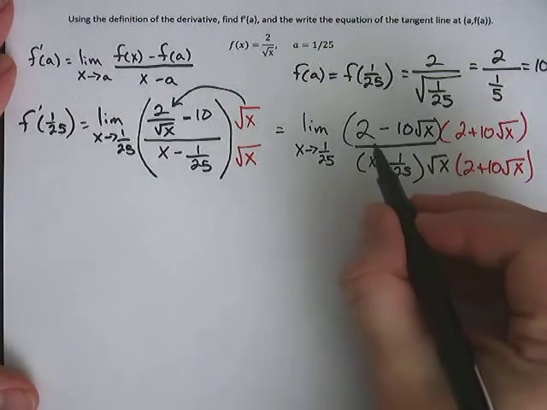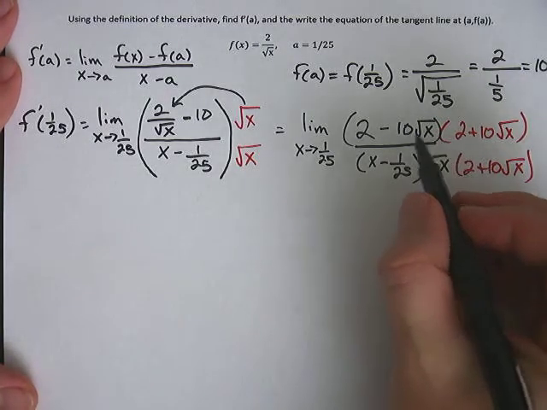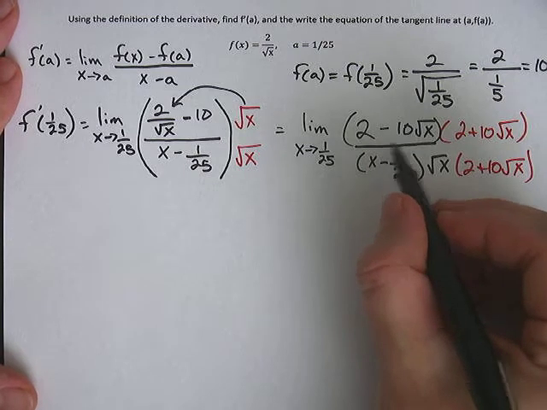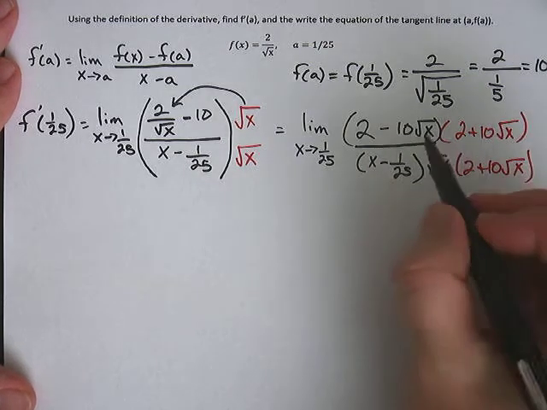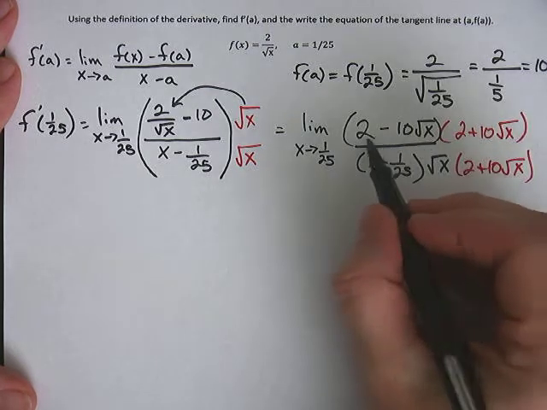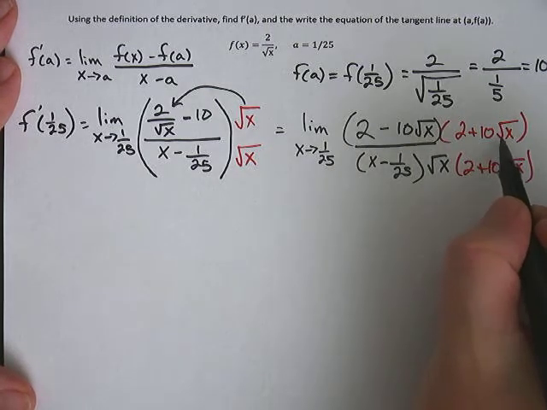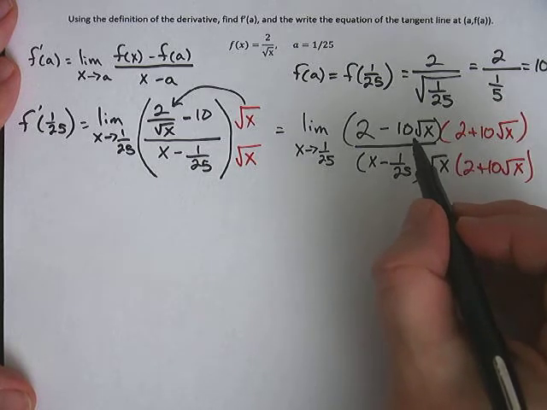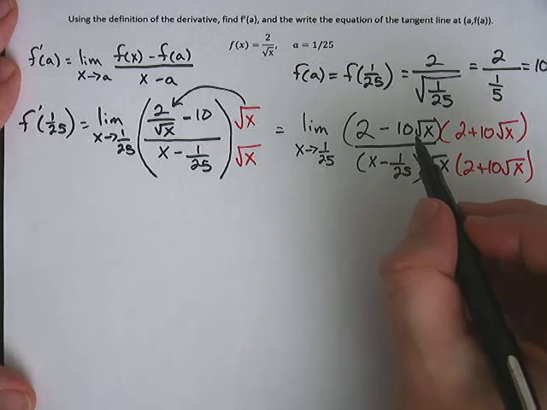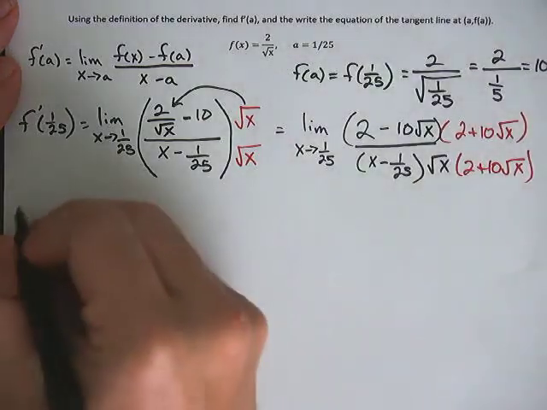Now when you multiply the reciprocal here, it turns out to be a difference of squares, right? A plus b, a minus b. If you recognize that, then you also recognize that the middle terms are going to cancel. If we multiply this 2 by this 10 square root of x, you get 20 square root of x. But if you multiply this 2 by this negative 10 square root of x, you get negative 20 square root of x. So those two middle terms are gone.